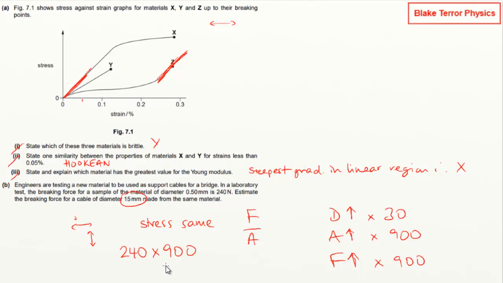So 9 times 24 would be 240 minus 24, so 216. And then we've got 1, 2, 3 zeros. So that is 2 point, let's say 2 times 10 to the 5 newtons.